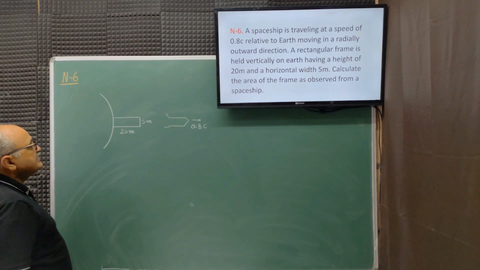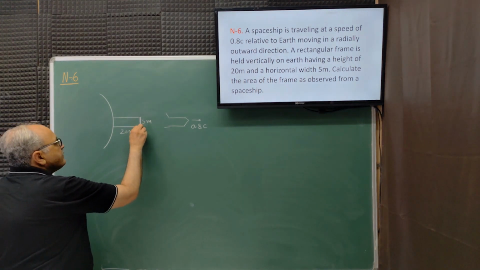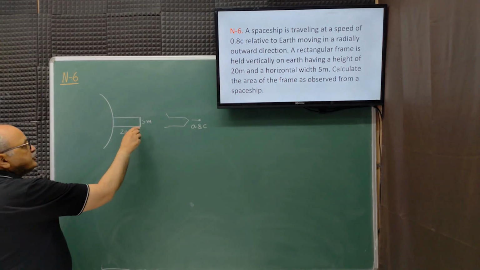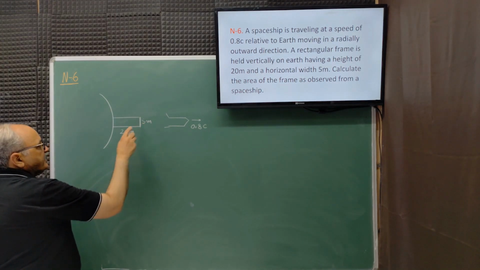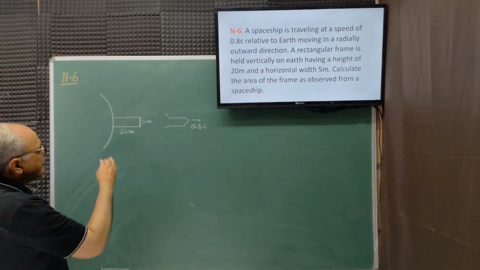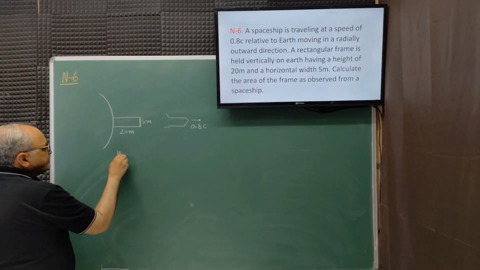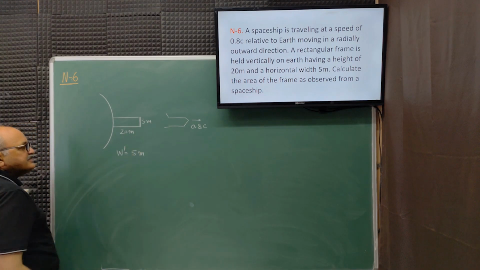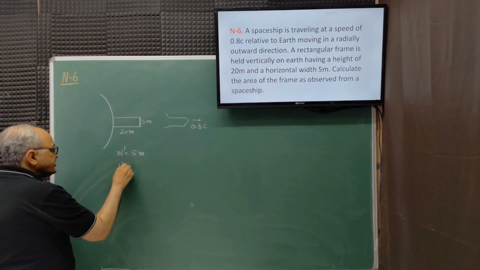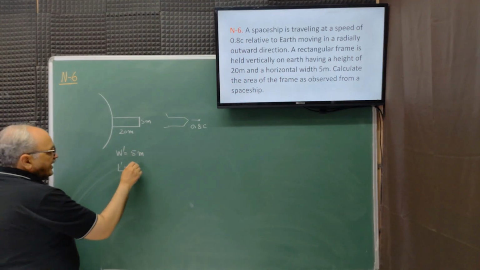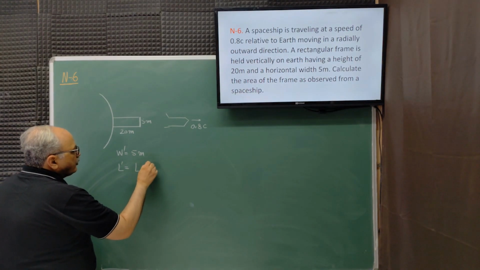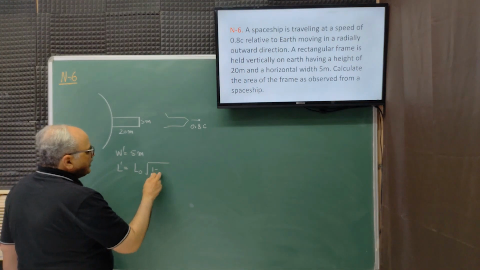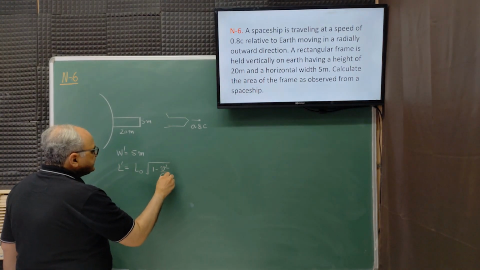Now since this distance is perpendicular to the movement, there will be no change in this, that is the width will remain 5, even for the observer in S dash frame. But there is a change in the length, and the length now will be the original length multiplied by under root of 1 minus v square by c square.